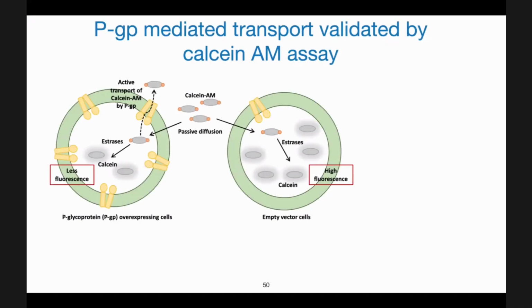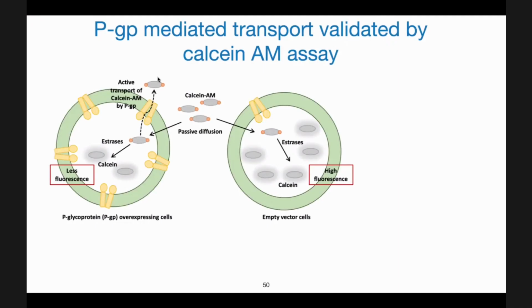So here we had two different cell lines. One was a PGP overexpressing cell line, and the other one was an empty vector cell line. And this calcein AM is a hydrophobic molecule which is passively diffused into the cells and cleaved by esterases to calcein. If PGP is overexpressing, then it does not get a chance to get cleaved by esterase.